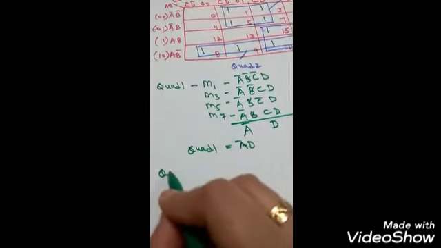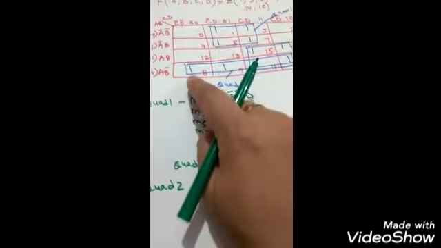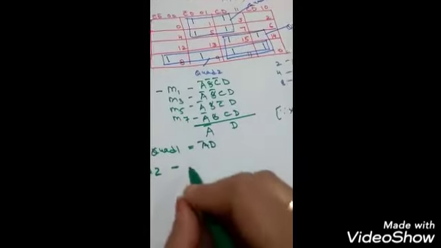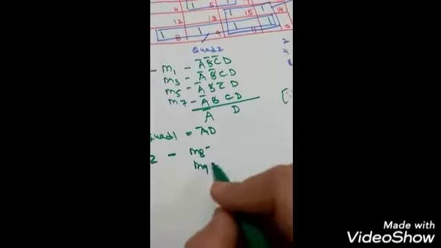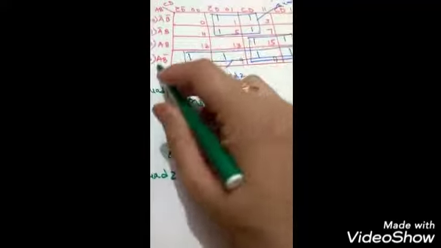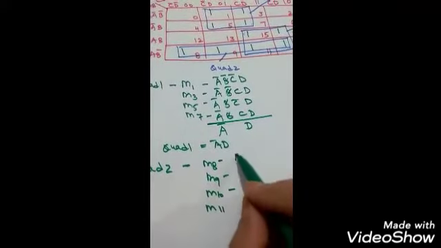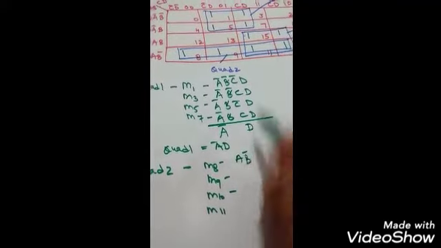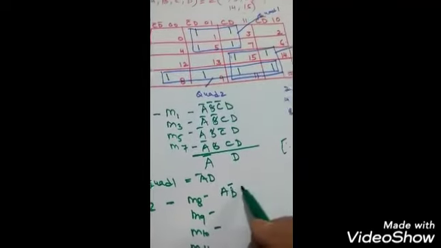Similarly we solve quad 2. Quad 2 positions are M8, M9, M10 and M11. We will write the positions from here. M8 is A, B complement, C complement, D complement.